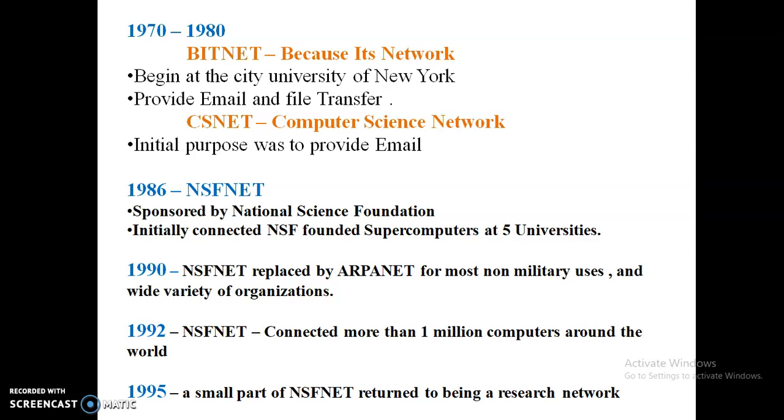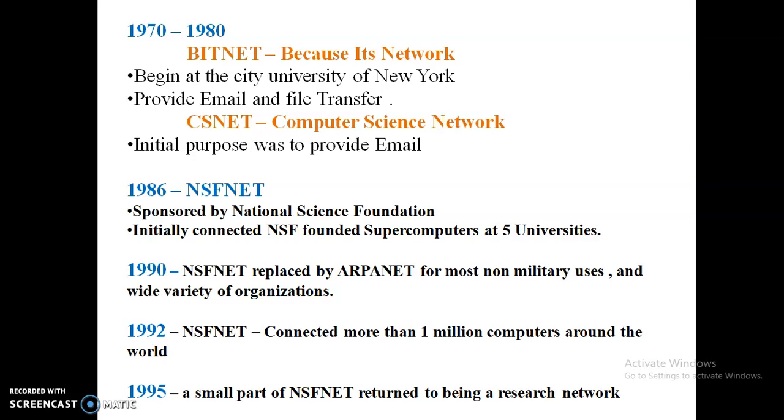From 1970 to 1980, BitNet emerged. It began at the City University of New York. The main purpose of BitNet was to provide email services and file transfer services. And then CSNet also emerged during the 1970s and 1980s.